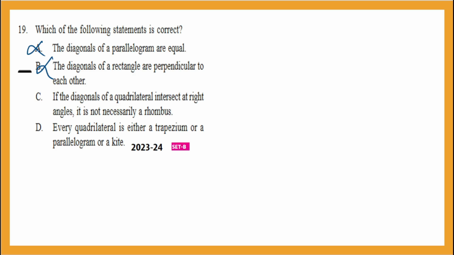Now C is a true statement as the diagonals of square and kite also intersect at right angles. Now this statement D is also incorrect as a concave quadrilateral is neither a trapezium nor a parallelogram nor a kite.